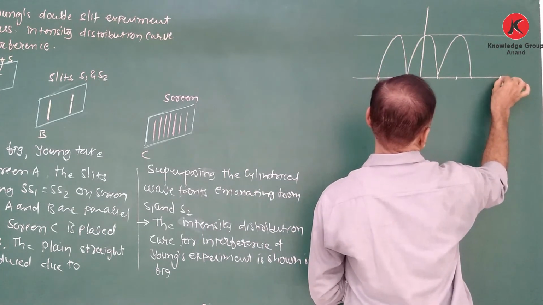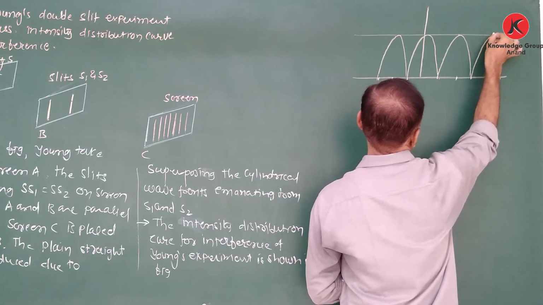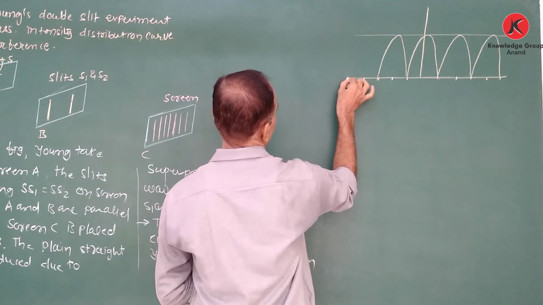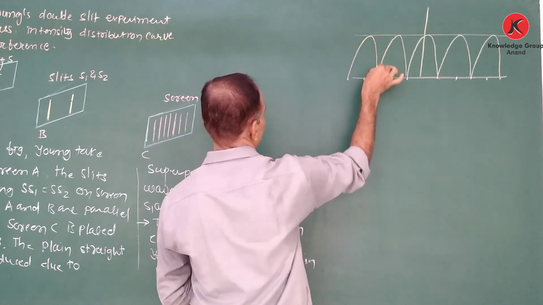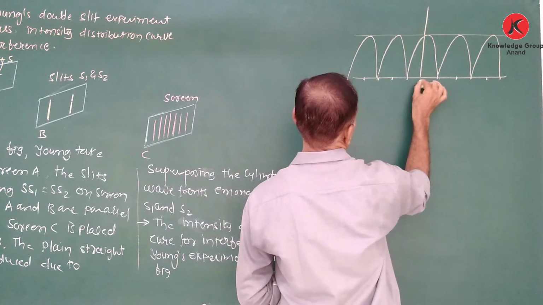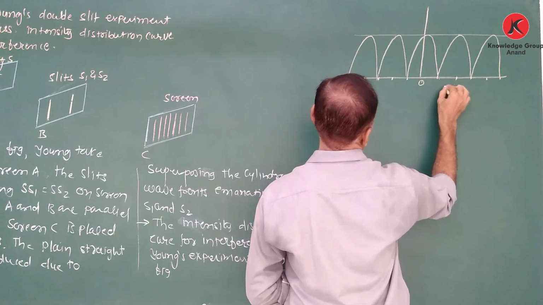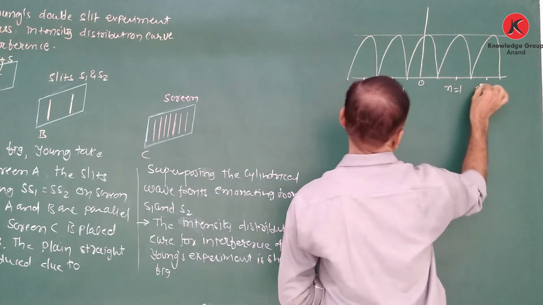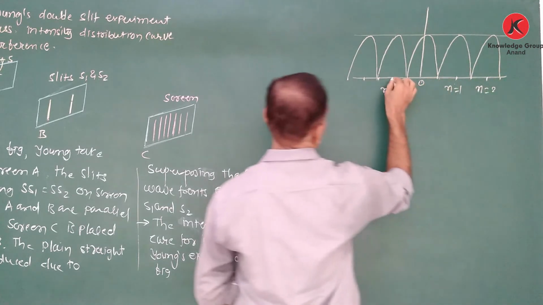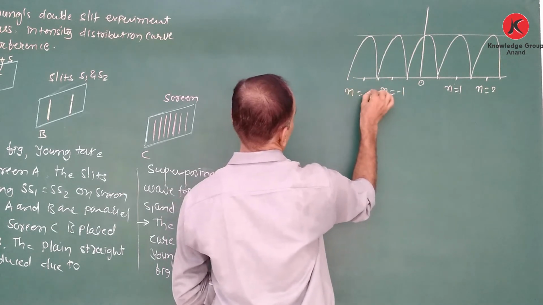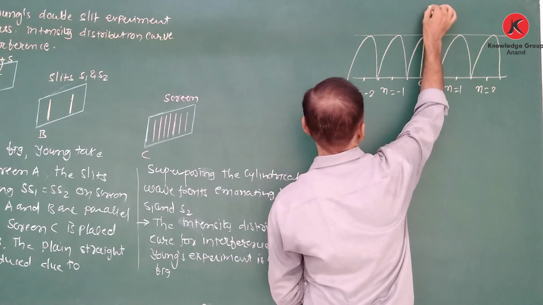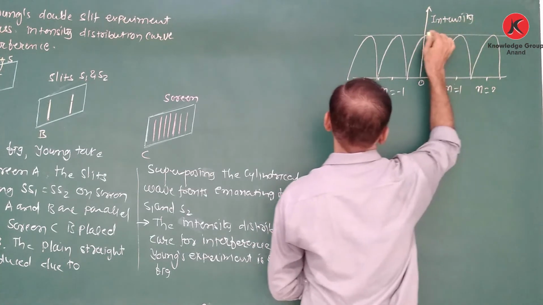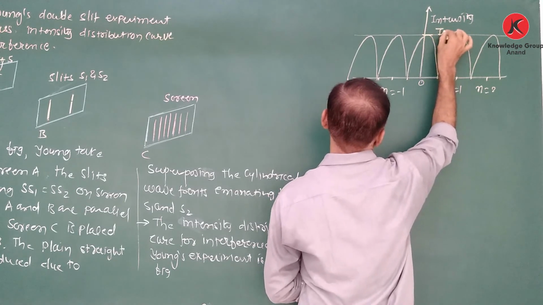Now after that, the second order bright fringes are obtained, also on this side. So there is the 0th order, n equal to 1, n equal to minus 1, n equal to 2, and n equal to minus 2. Here there is the maximum intensity, I max.